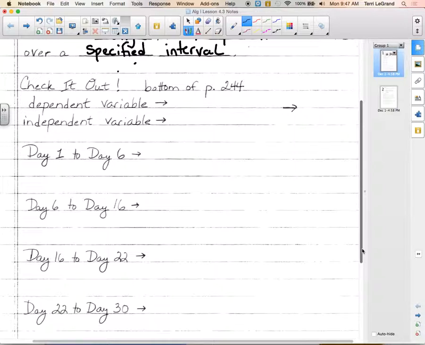Okay, well, when you're doing these, though, you always have to decide what's going to be the dependent variable and which one's the independent variable. They're not going to tell you. So if you remember back to when we were talking about rates and unit rates, remember I said we always want to decide how it should be set up. Let's use something like traveling in a car. We just got out of the holidays and some of you have probably done some traveling.